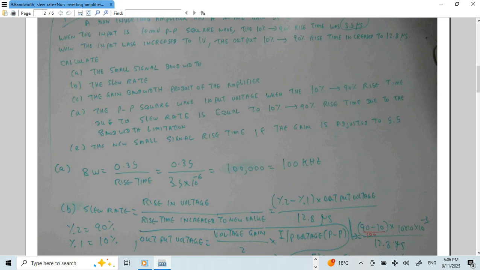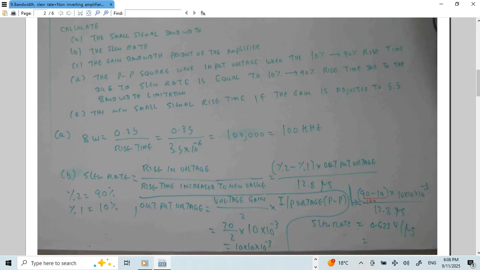By solving this, we get 100,000, so that will be 100 kilohertz. The bandwidth is 100 kilohertz. This is the first answer.